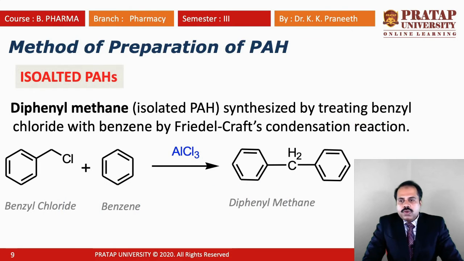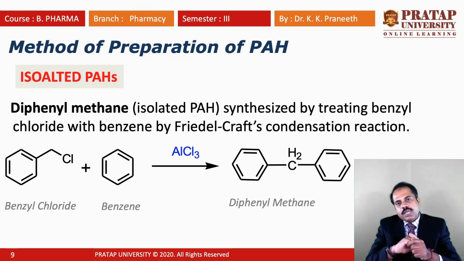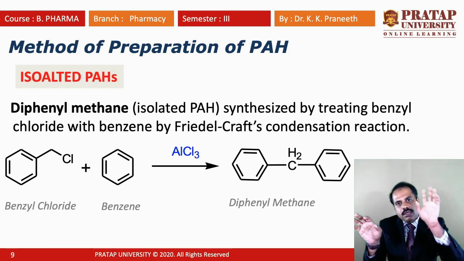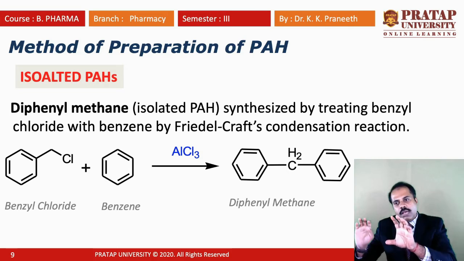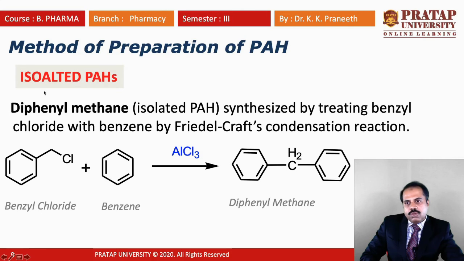Now let us move on to see the methods of preparation of polynuclear hydrocarbons. In the classification, we have seen benzenoid compounds are of 2 types, isolated and fused. First we see how to prepare the isolated PAH, diphenyl methane.